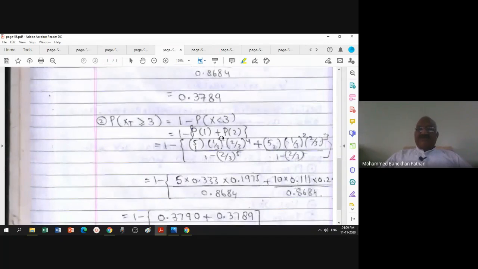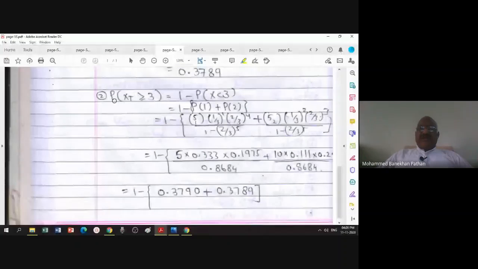The next is part number 2, probability that the truncated binomial takes value greater than or equal to 3. If I want to calculate this directly, I will add probability at 3 plus at 4 plus at 5. That is also true, but I can use the alternative approach of the complement theorem: 1 minus probability of the complement.